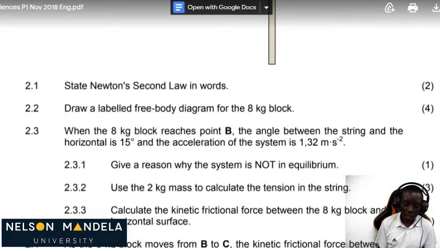If we're at A, the angle is smaller. We go to B, the angle is 15. We go to C, the angle is even greater. So that angle increases as we advance towards the pulley. The acceleration of the system at that point is 1.32 meters per second squared.